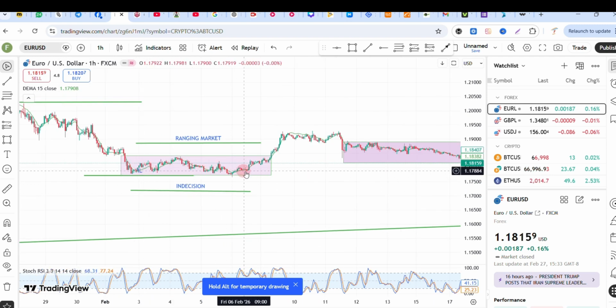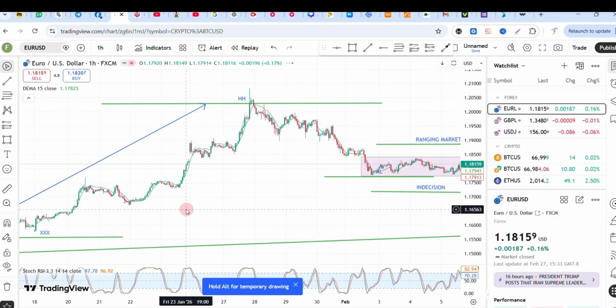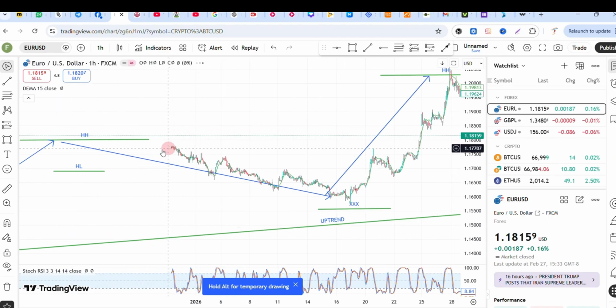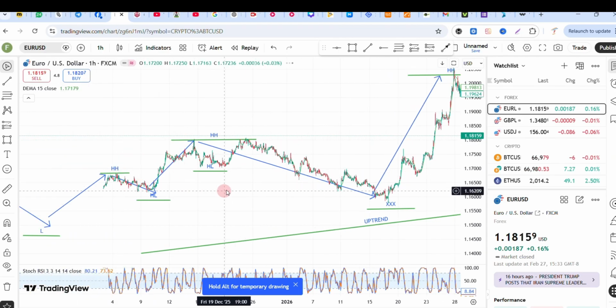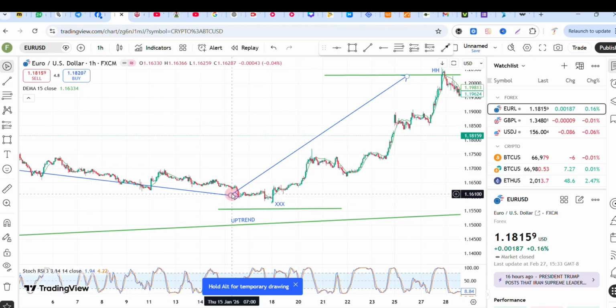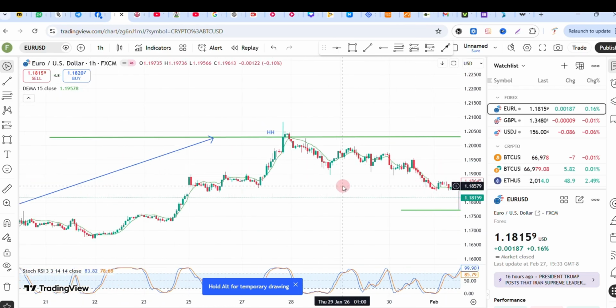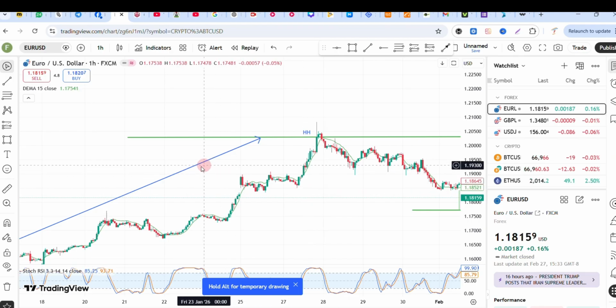Then it went poof up, slowly, slowly went down again. So that's what a ranging market actually is. So if you keep scrolling through your charts, you're going to see more of these ranging markets. But that is all I want to go into about that.